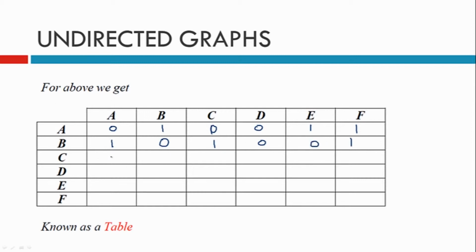Now I'll quickly fill them in, 0, and we'll go down the column, so 0, 0, 1, and 1, and then the next one is 1, 0, 0, 1, and the next one is 0, 1, 1, 0, and the next one is 1, 0, 0, 1, and E is 1, 0, 0, and F is 0, 1, 0, 0. Okay, so that's the actual table.